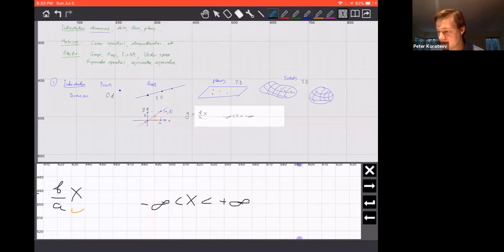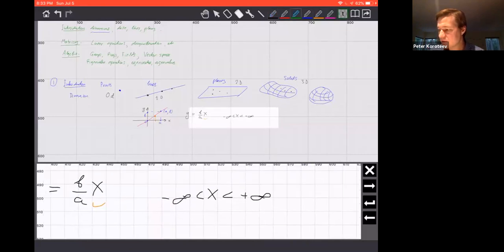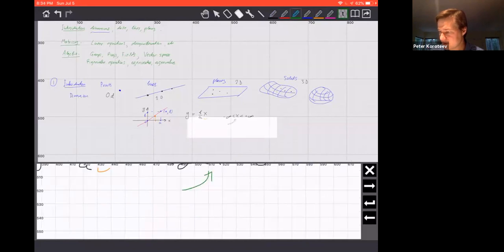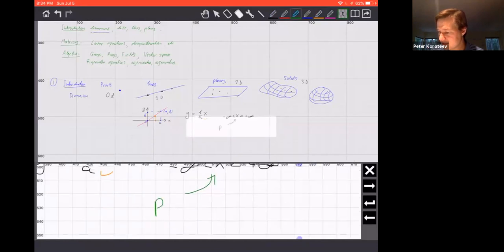Here, x can play the role of a parameter. It's a slightly different idea. It's a parameter, and there's only one.